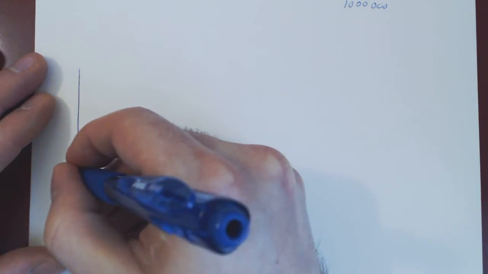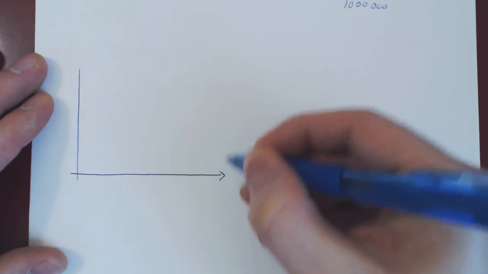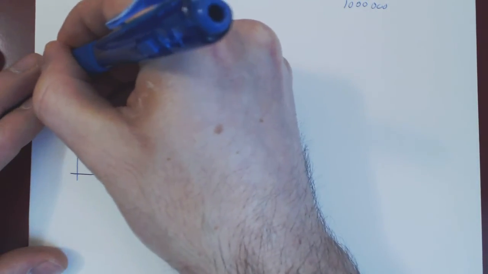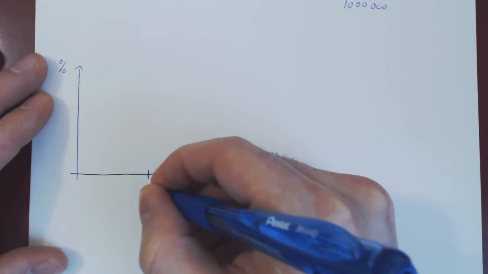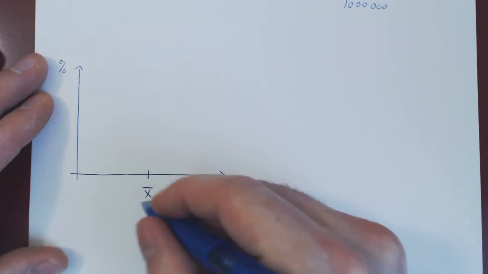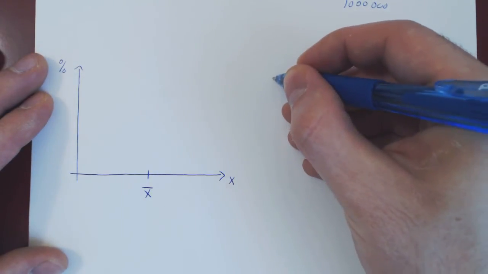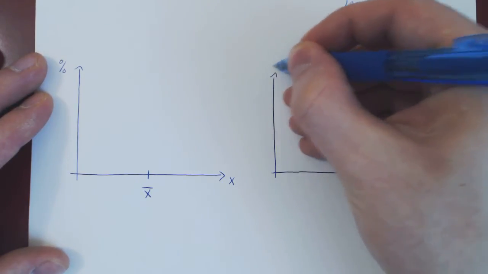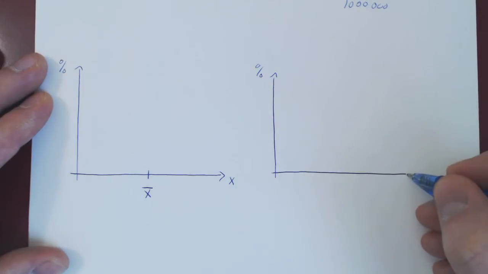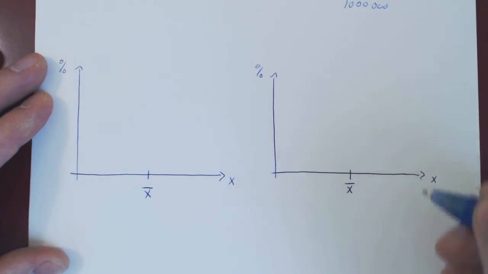So let's imagine that we have two histograms, frequency versus x values. And in both cases we have the same sample mean, so the same average value. Now here's the task.